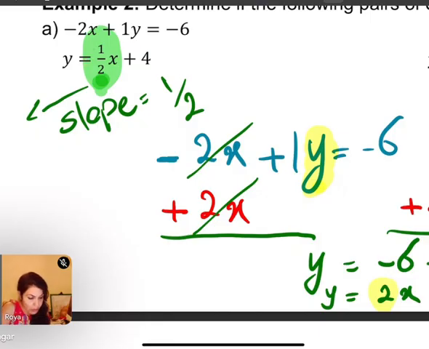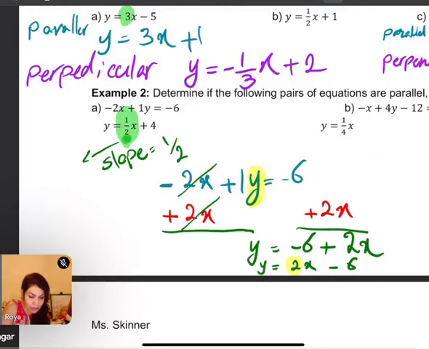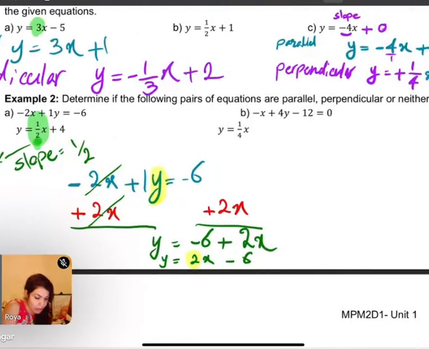They are not negative reciprocals because both of them are positive. They are reciprocals, but they are not negative. So it is neither. If you put it in decimal, you can see that these two lines just cross each other like this. So the answer for this one is neither.